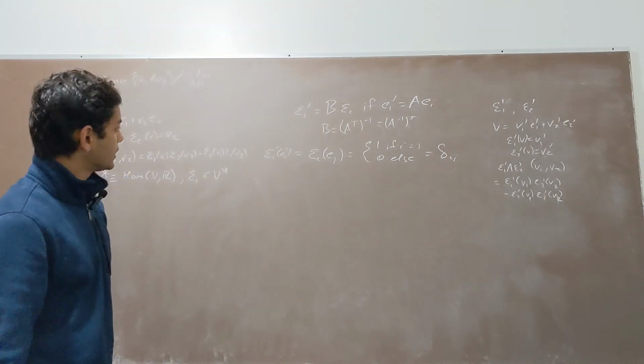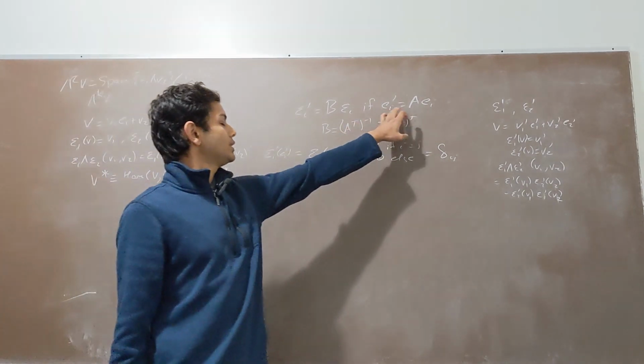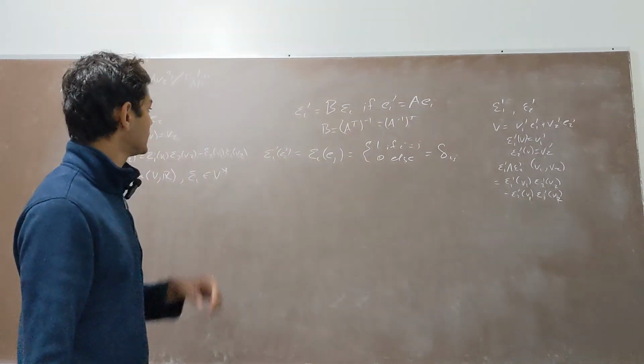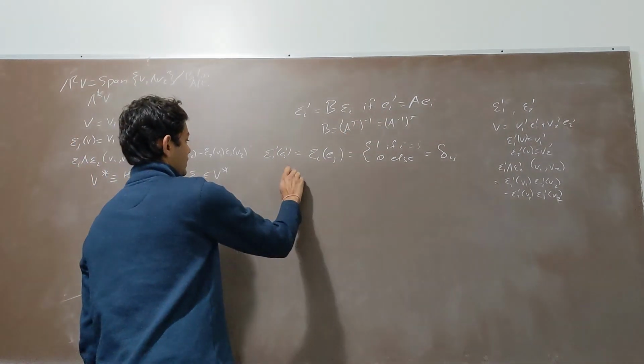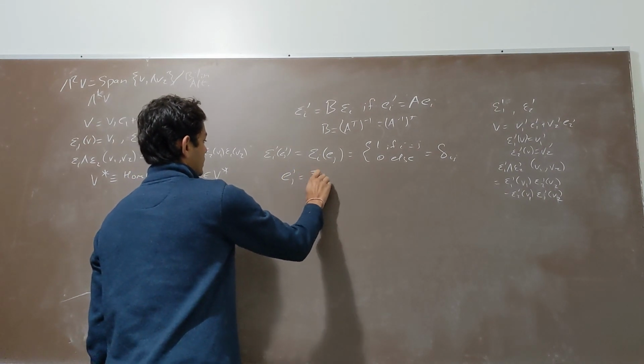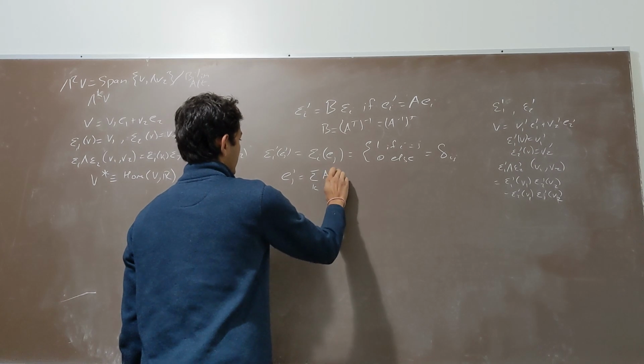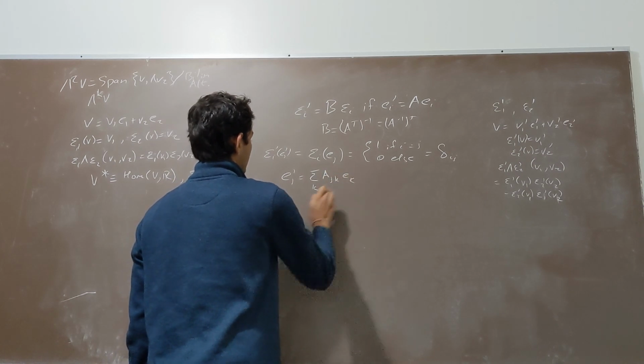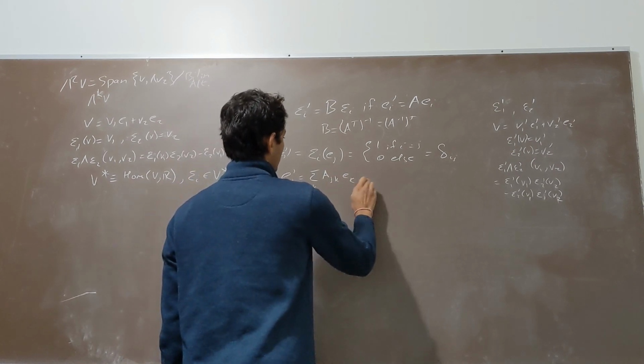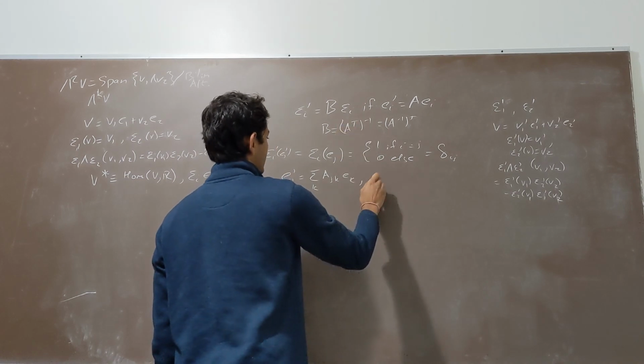Okay, so now I'll write these expressions out a bit more explicitly and say that e j prime is equal to the sum over k of a sub jk e k. And what we want to do is compute the coefficients b.